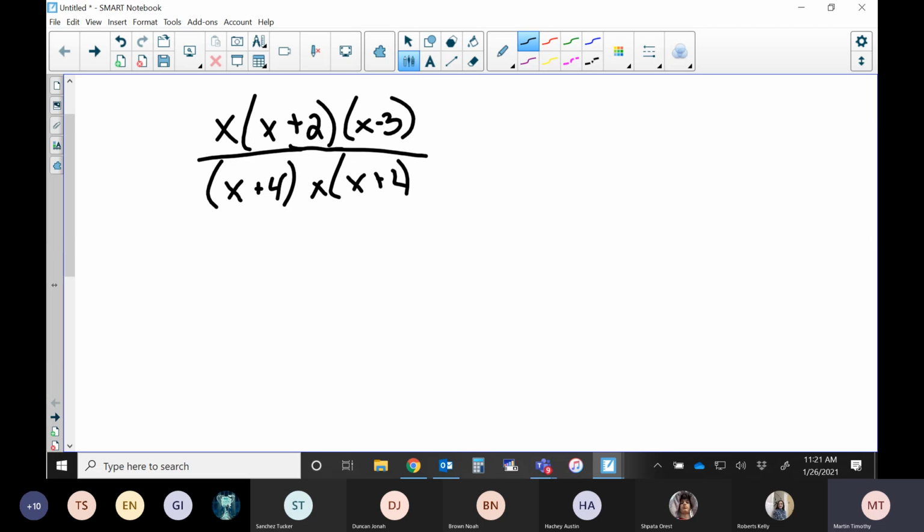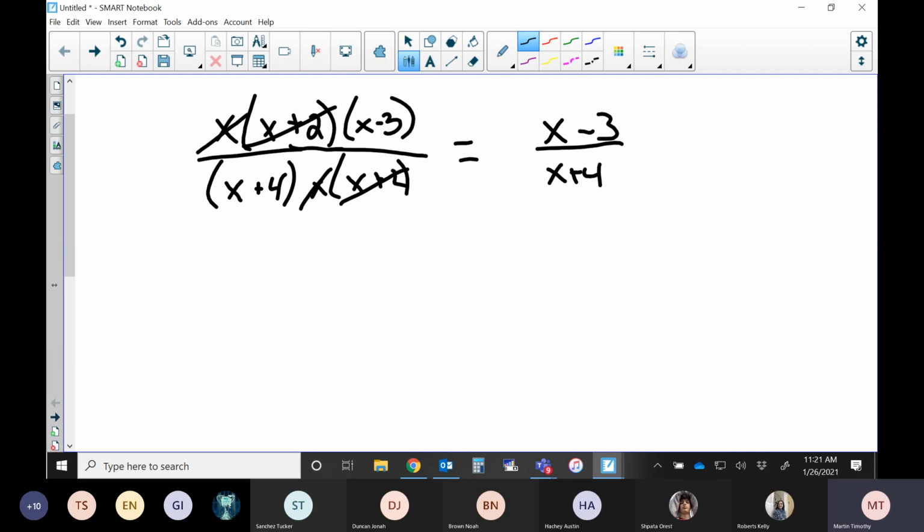So what would happen is I would actually be able to cancel things out. So I could say, hey, this x and this x cancel out. This x plus 2 and this x plus 2 cancel out, simplifying to x minus 3 over x plus 4.